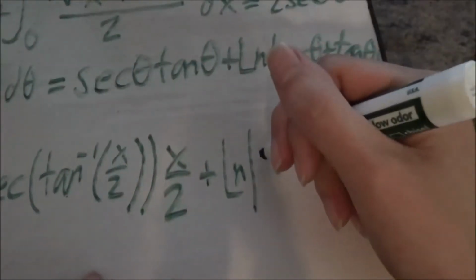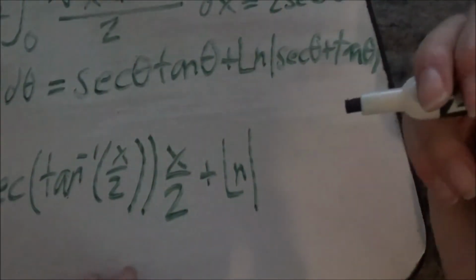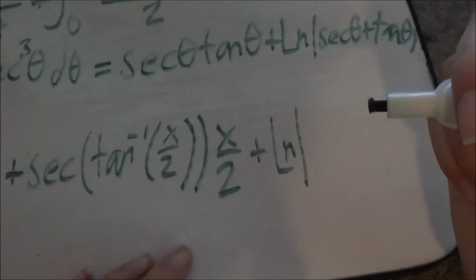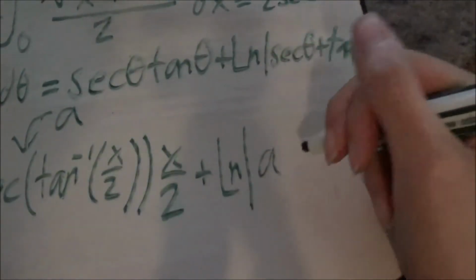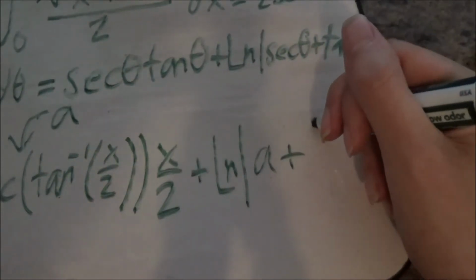Well, so if this is a definite integral, what I would do is, I should have told you guys this earlier, let this equal a. Okay, so I'll do a plus x over 2.